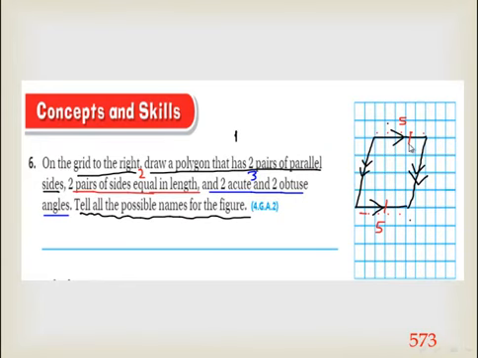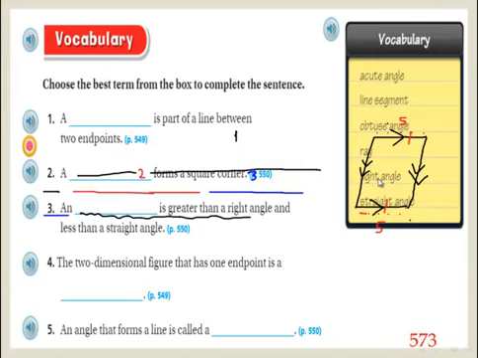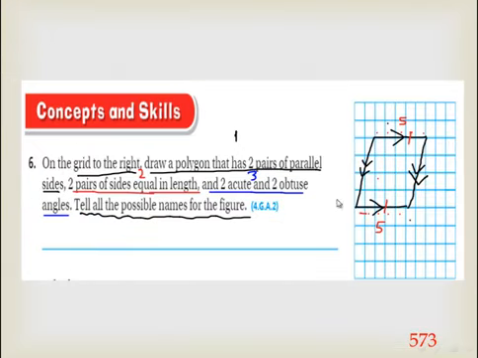These signs mean there are two sides equal in length. And here and here I'm gonna count 1, 2, 3, 4. 4 steps. Here 4 steps. So I'm gonna write this sign here and here.